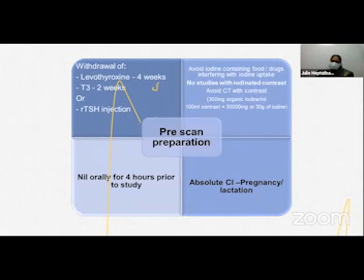Patients have to avoid iodine-containing food or drugs which interfere with iodine uptake, and no study should be done with iodinated contrast because we know contrast has an organic iodine of about 300 milligram per ml, and it will definitely interfere with the iodine scan. Patient has to be nil per oral for at least 4 hours prior to study. The absolute contraindication is pregnancy and lactation.